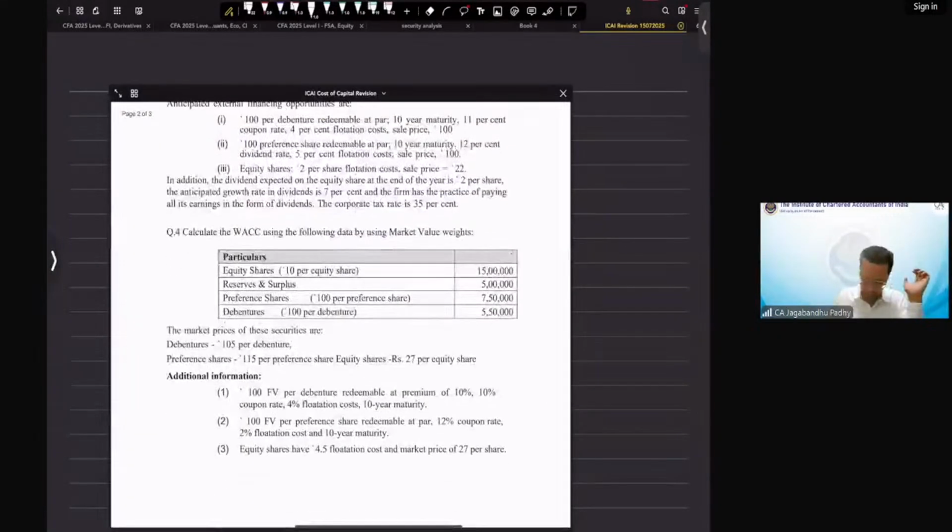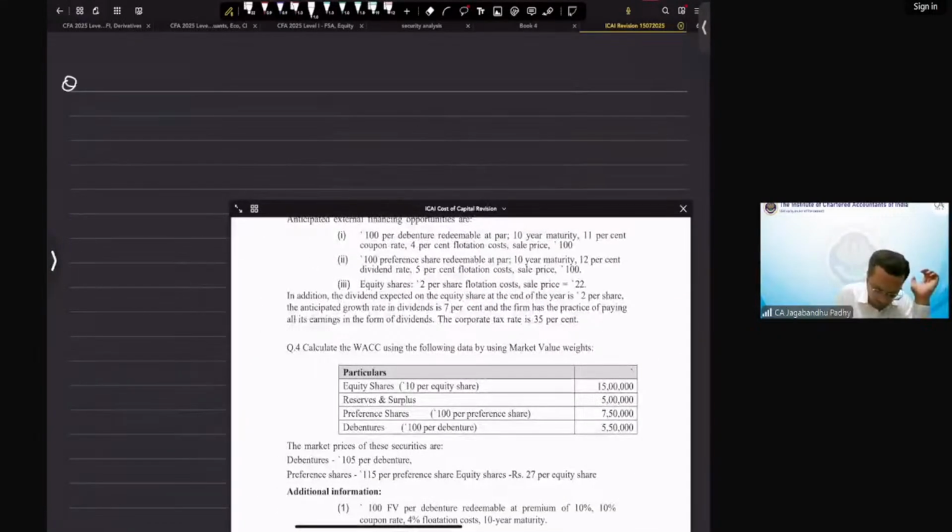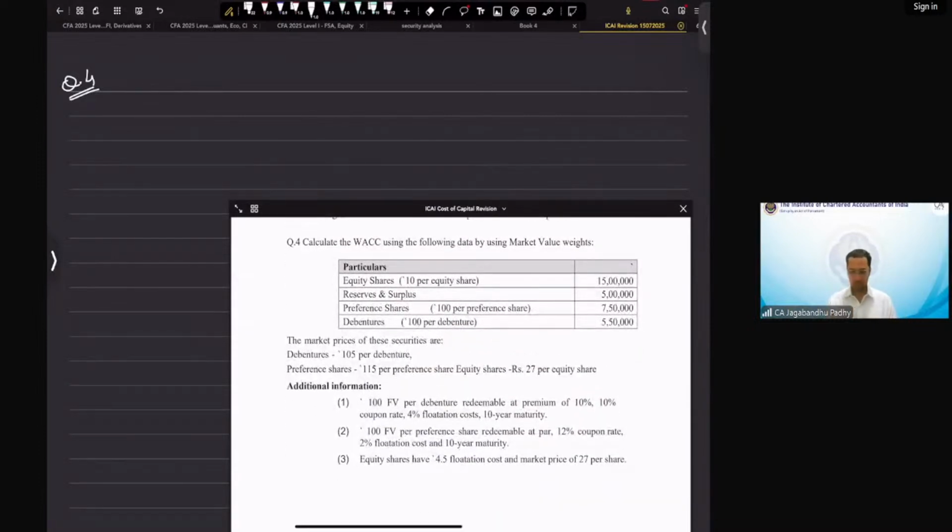Let us say this is question number 4. We have to calculate the weighted average cost of capital using the data for the market value weights. We have four types of funds.